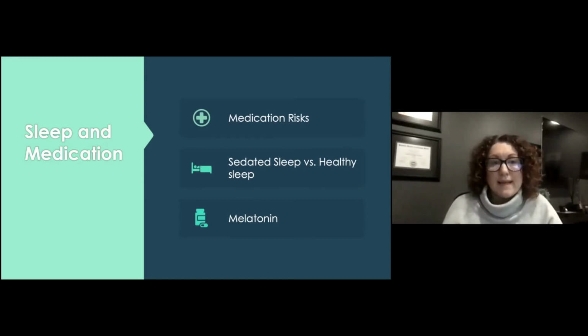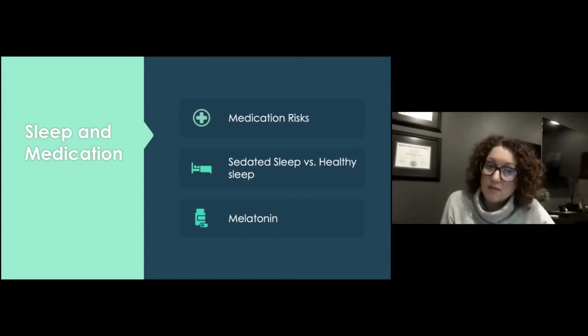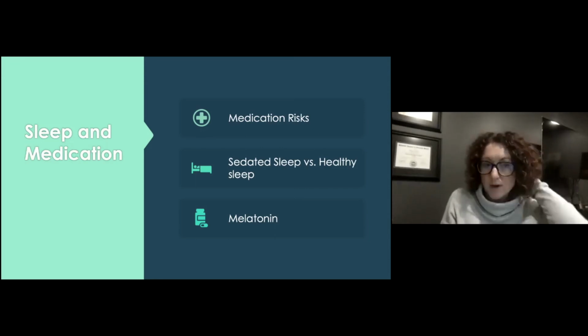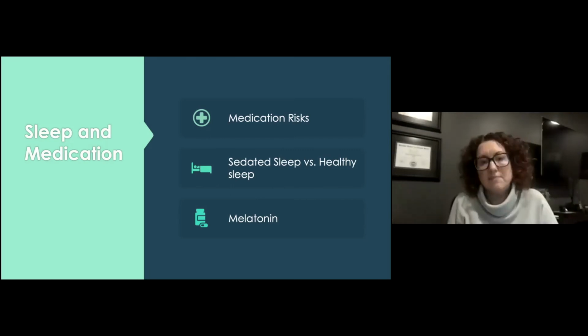Sleep and medication. It's not uncommon for us to hear that a parent has been told that their child is autistic and will never sleep. Usually the recommendation is melatonin or another medication whose side effect is sleep, such as clonidine.